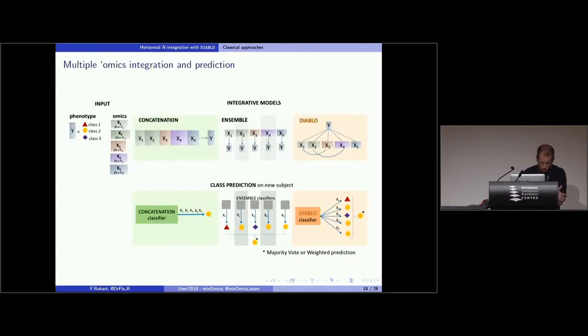When we compare our approach to the standard approaches, mainly there's concatenation and ensemble. With concatenation, you put all of your data in the same matrix: transcriptomics, microarray, proteomics, you construct a big matrix and run one analysis, so PCA, PLS, LASSO, whatever. From that classifier, you predict the class of new samples.